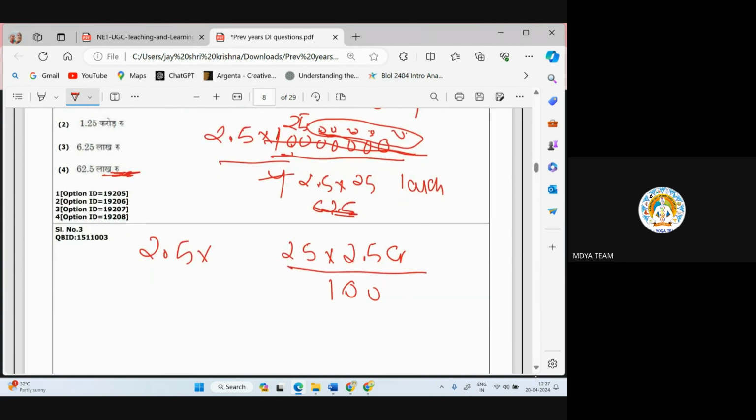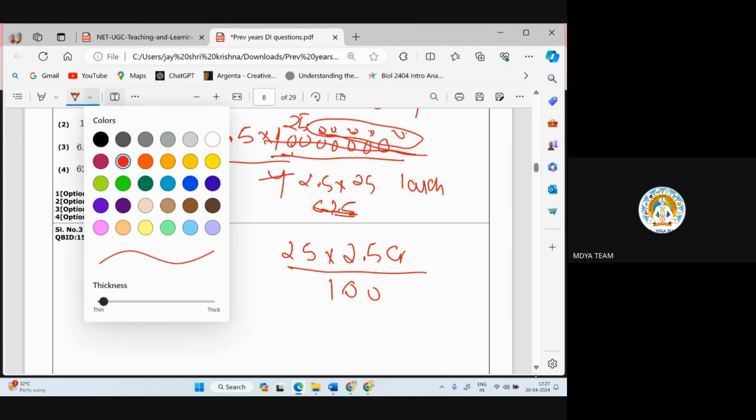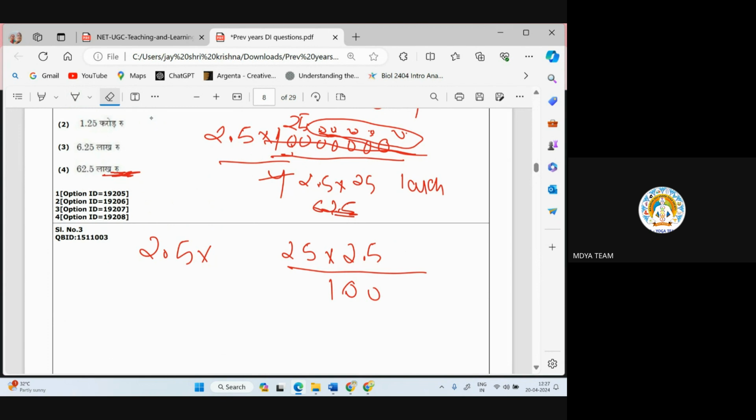If crore would not be present here, it would be only 2.5 into 25. Then if we are multiplying anything in the numerator, we have to multiply it in the denominator also, because this value we are taking from ourselves.